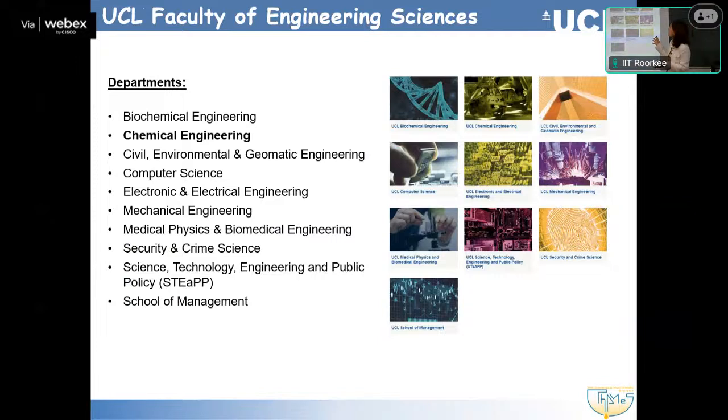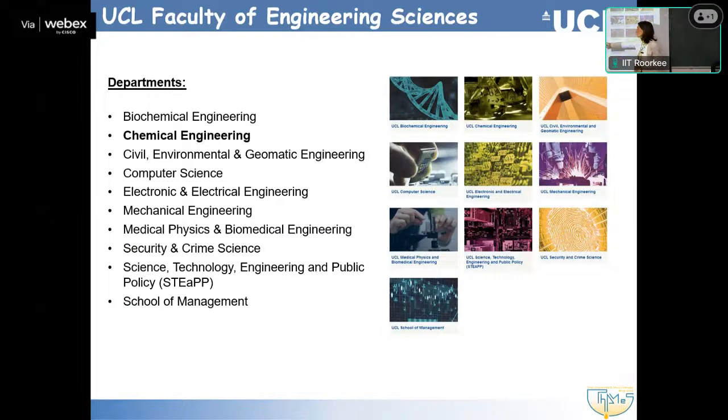So the UCL Faculty of Engineering has a number of departments. We are chemical engineering, and these are the other departments we have. We have a different department for biochemical engineering, but also computer science, civil, environmental, geomatic engineering, electrical engineering, mechanical, medical physics, security and crime science.